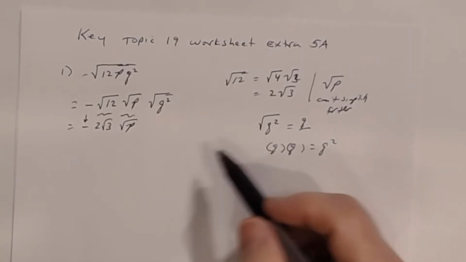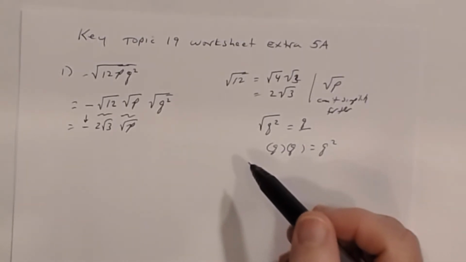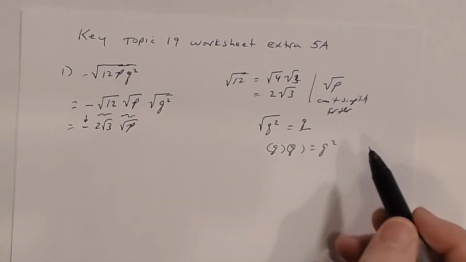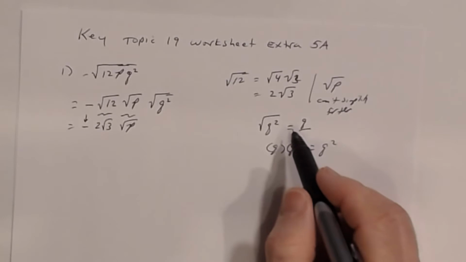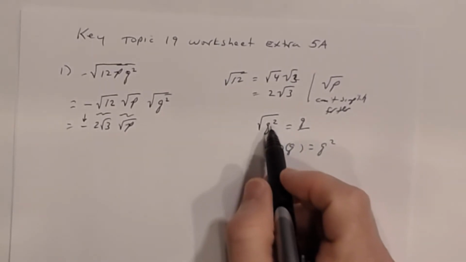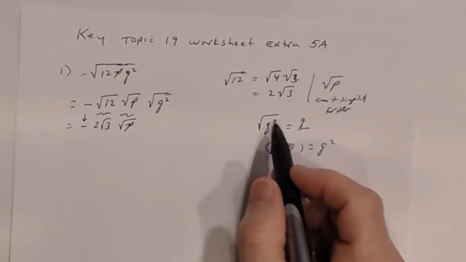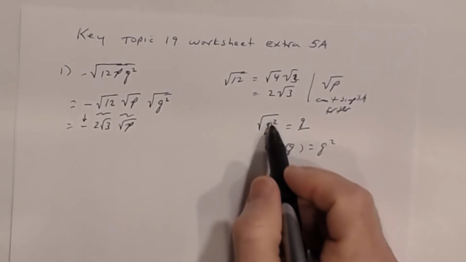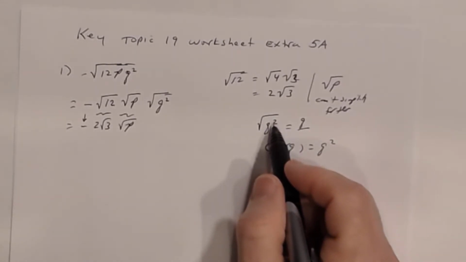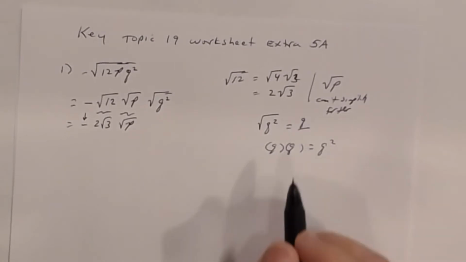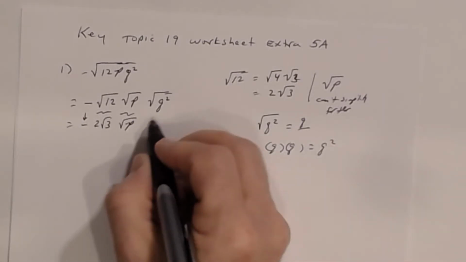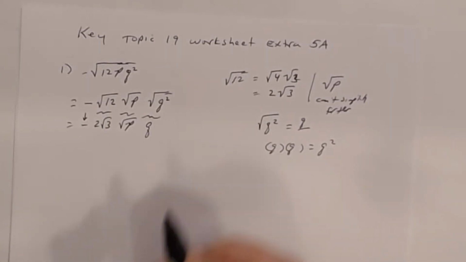Again, we're going to assume that all these variables represent positive numbers, so we don't have to worry about absolute value anywhere in our answers. Also remember a quick way of simplifying this is to look at the exponent divided by the index. 2 divided by 2 is 1, so you get q to the first. So this simplifies to just q.